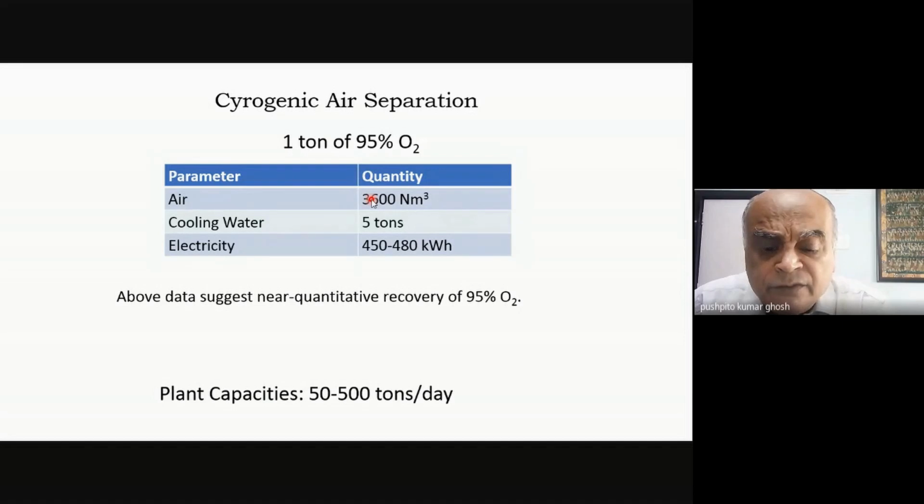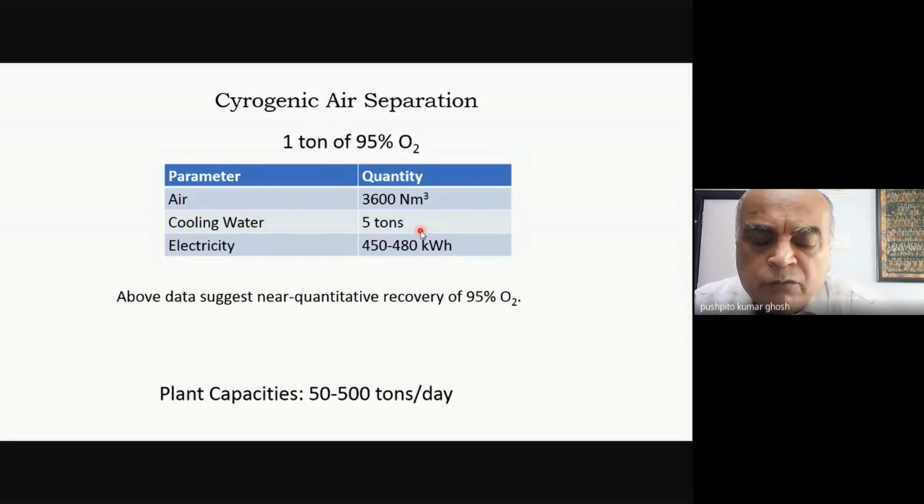So you can see that we are talking about virtually quantitative recovery of oxygen from the amount of air that you are drawing in. It's just spectacular. Please work it out yourself. Correspondingly, of course, you will get roughly about 4 tons of nitrogen, and your cooling water requirement is given.